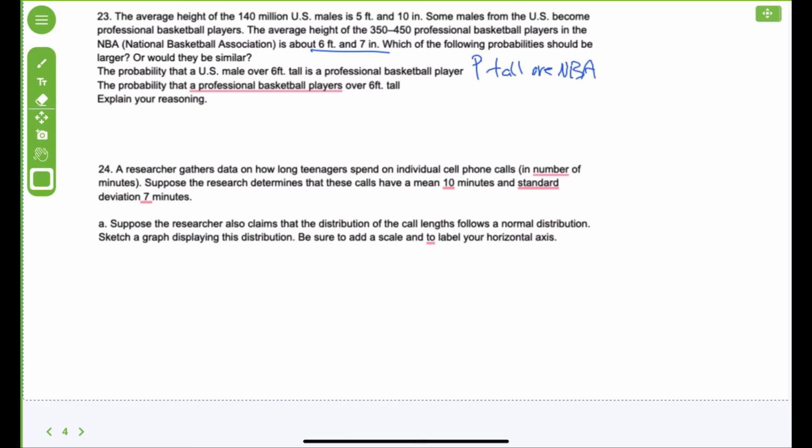Okay. So it's fairly high to say that the NBA players are tall, yes.